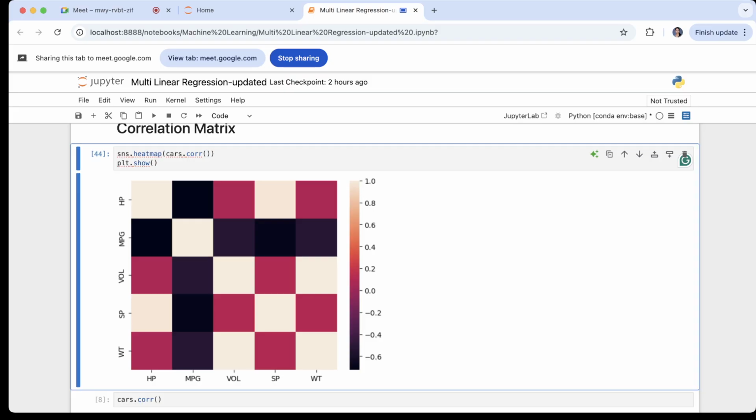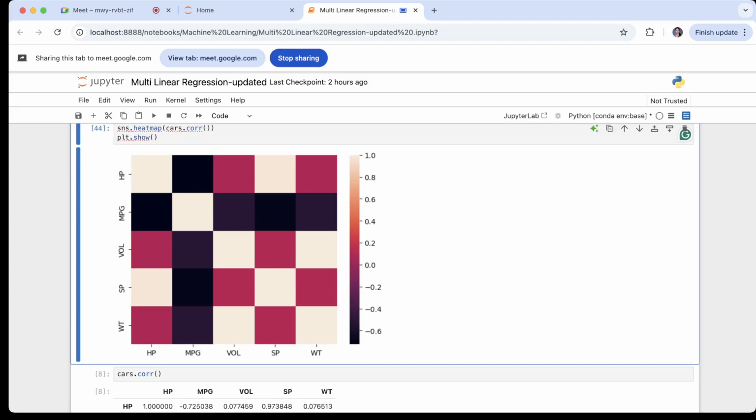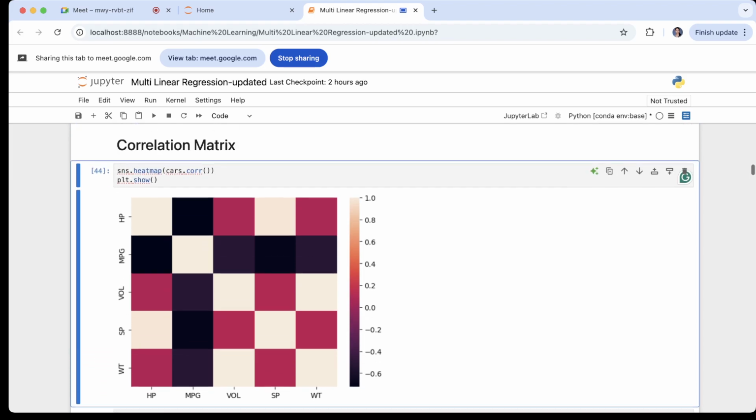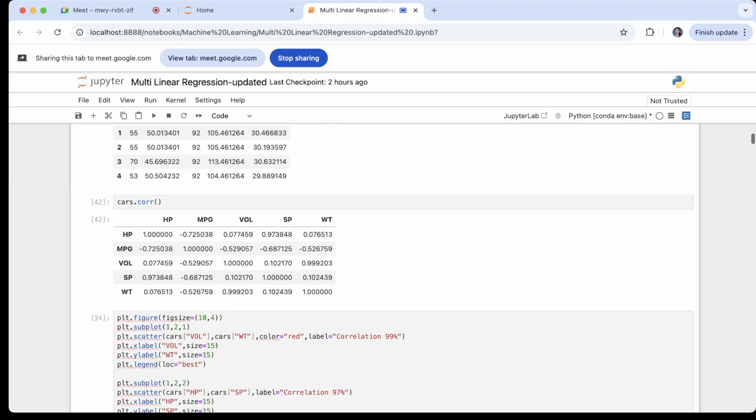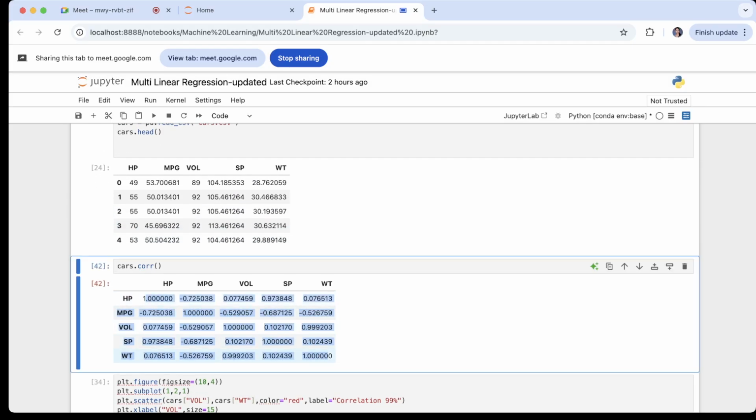If you just look at any one side of the diagonal, you can see that these two whites have very high correlation. So it just helps you to easily understand the pairs which have high correlation. That's the only use of this. Otherwise you can also determine the same information from these numbers. Clear?